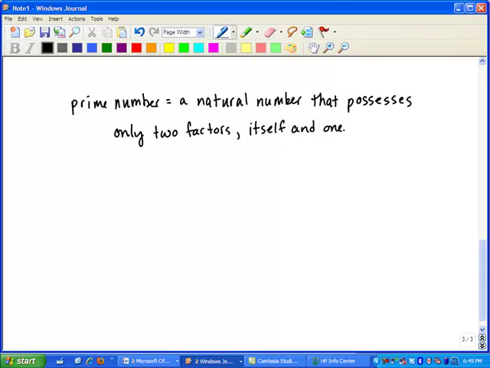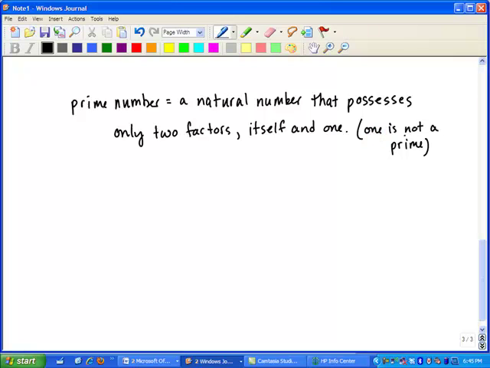There's one additional thing we say for prime numbers, and this is that 1 is not a prime. Actually, that's in the definition there, but I want to point this out.